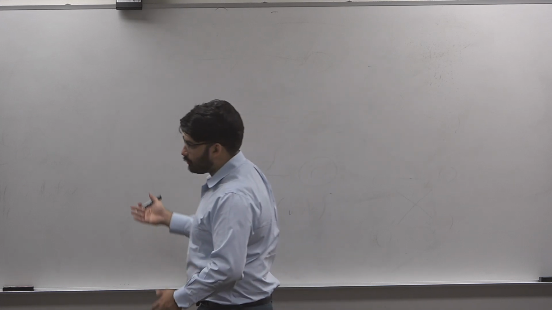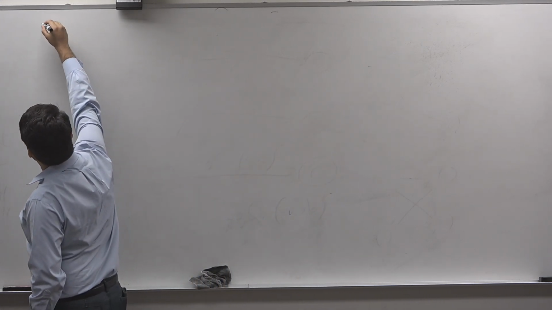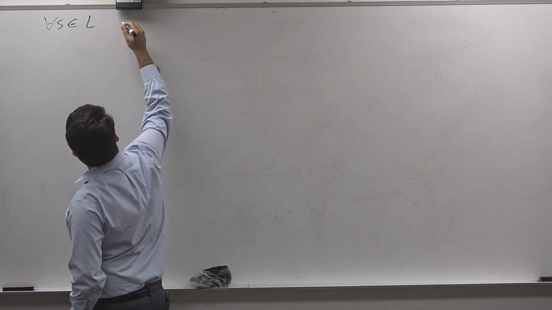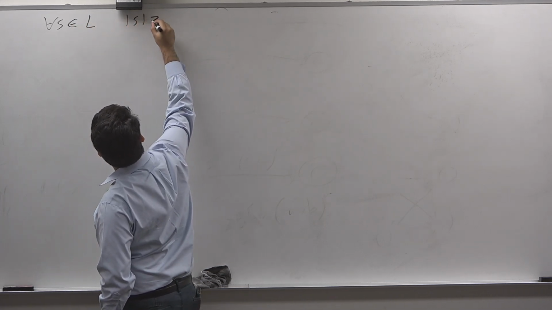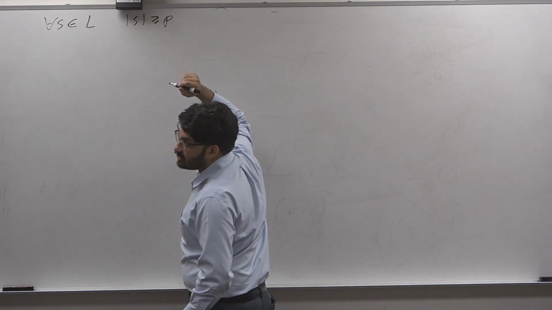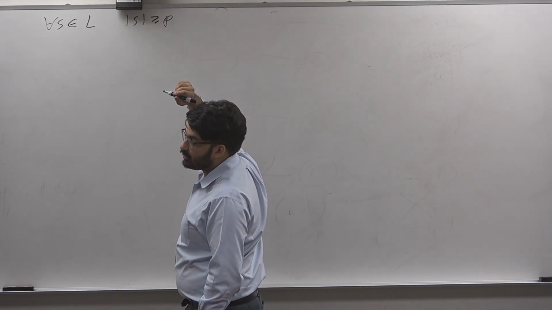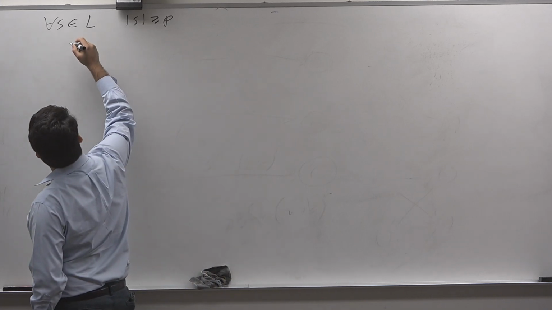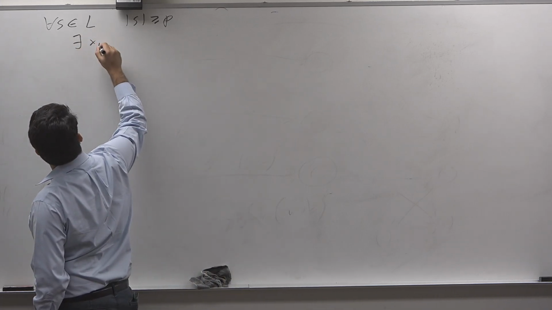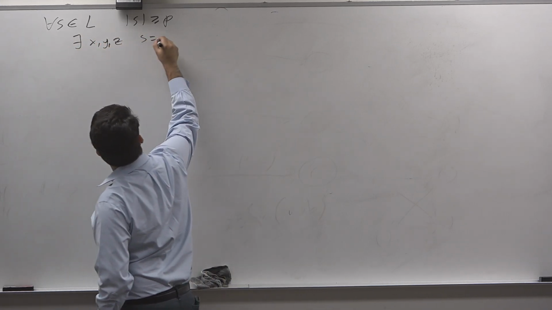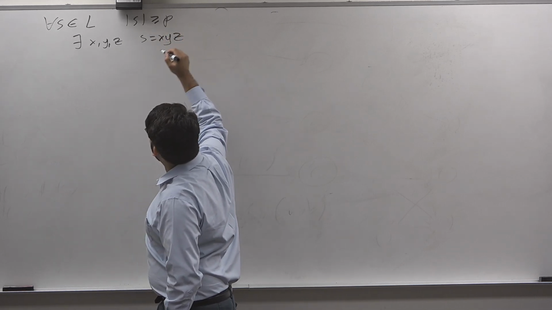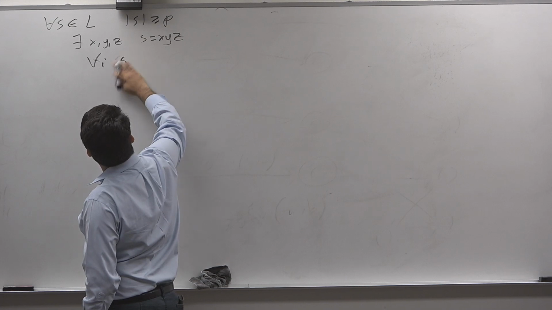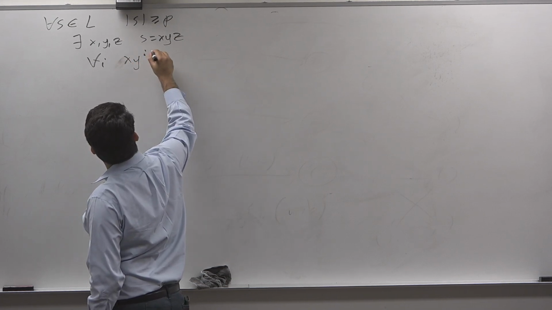This part is less important, but it's what the pumping lemma formula states: for all S in L with length of S greater than or equal to P, where P is the number of states of the regular language L. If L is regular, then there exist some x, y, z such that S is equal to xyz, and for all i, x y to the i z is in L.